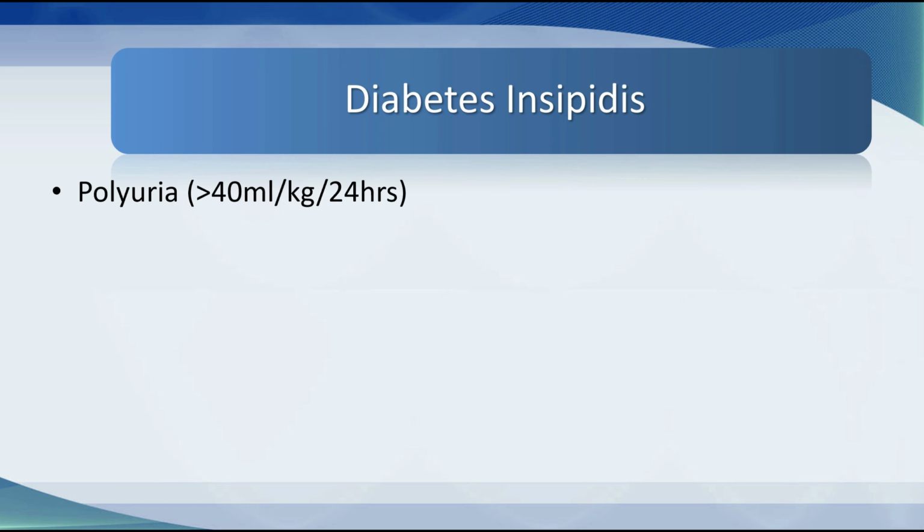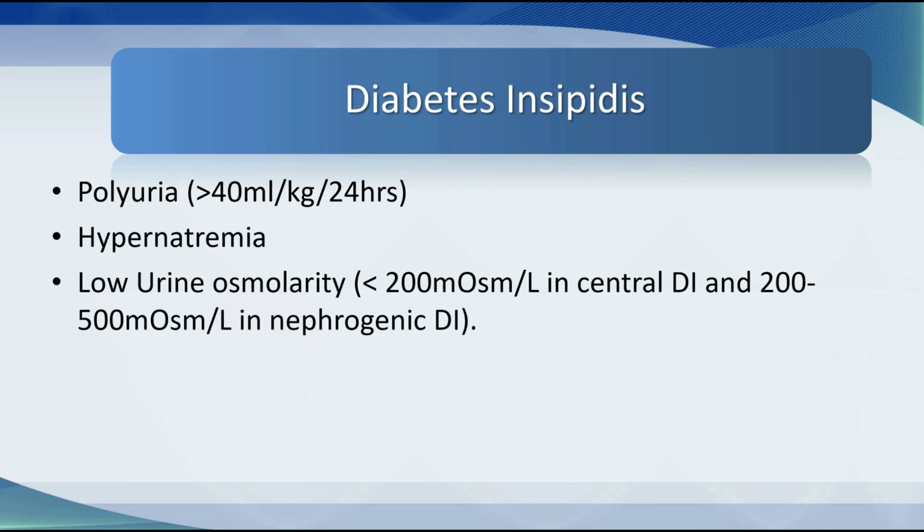The diagnosis of diabetes insipidus is as follows: a polyuria, a large urinary output of more than 40 mLs per kilogram in 24 hours, hypernatremia, and low urinary osmolality of less than 200 milliosmoles per litre in central diabetes and between 200 and 500 milliosmoles per litre in nephrogenic diabetes insipidus.